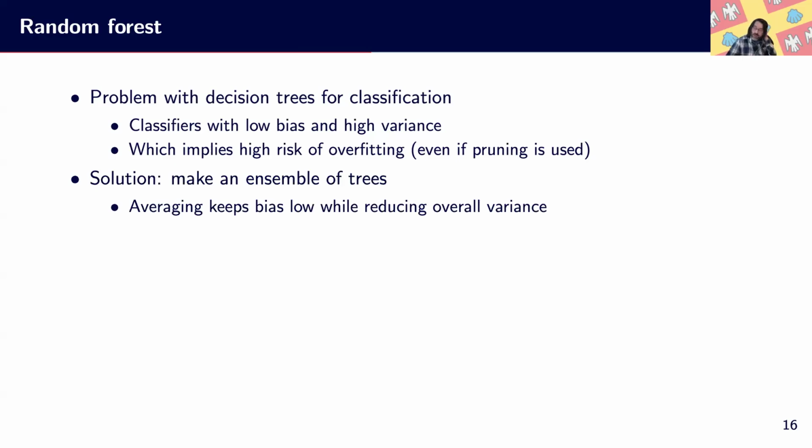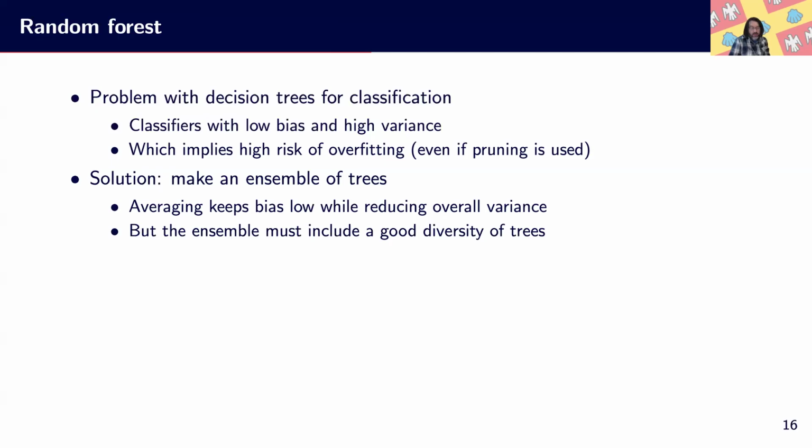So a natural solution is to make an ensemble of trees, or what we call a random forest, because many individual trees together make a forest. So we are dealing with this random forest, where we average a decision over many trees. That will allow us to keep the bias low while reducing the variance significantly.